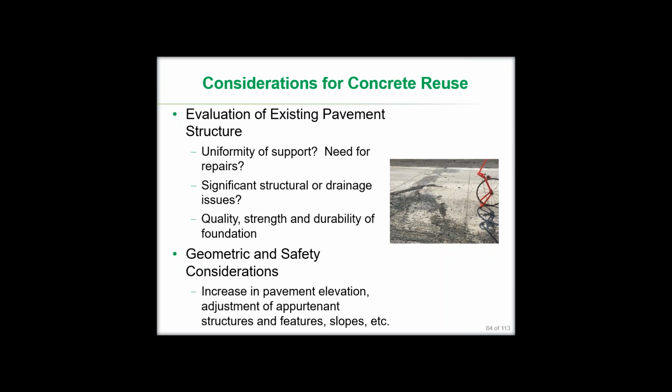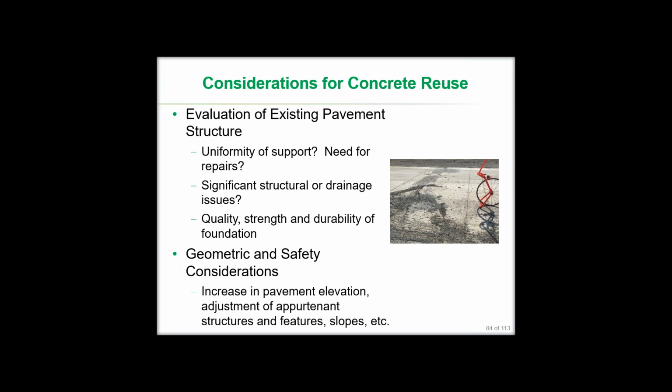Geometric and safety concerns are the other issues that would limit the ability to reuse a pavement. Obviously, if you're building on top of an existing pavement with a thick asphalt overlay or an unbonded concrete overlay of some sort, you may create additional needs in terms of raising guardrails, adjusting slopes.